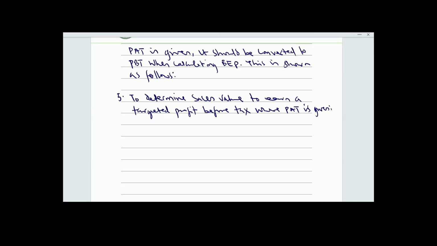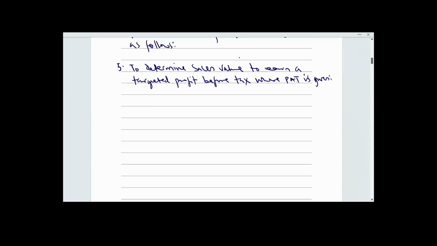So you need to convert it to profit before tax.